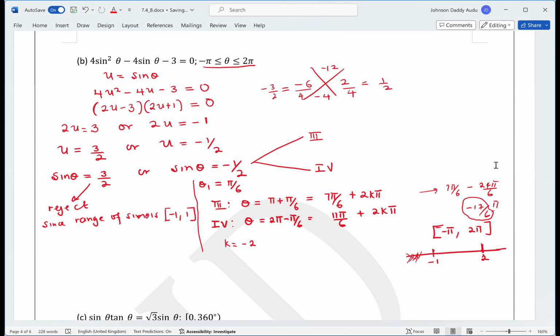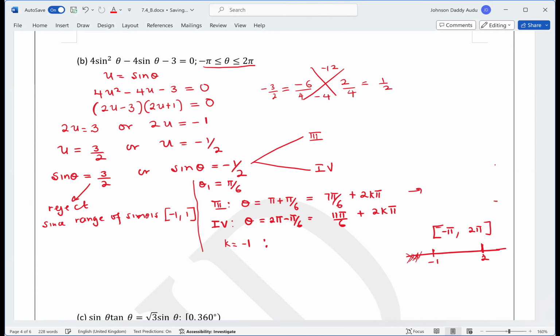It will not work, and it definitely won't work in the fourth quadrant either. But let's try k equals minus 1. If k is minus 1, what do we get? Let's do it here again.